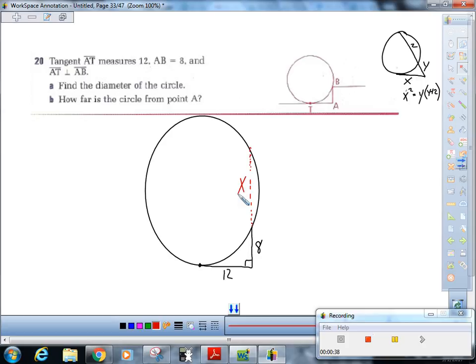And you might be asking, well, why would you want to do that? Well, think about this. They asked for the diameter, but we really probably just want to find the radius, right? And if you drew this red chord, the relationship between the radius and the chord is what? It's a perpendicular bisector.